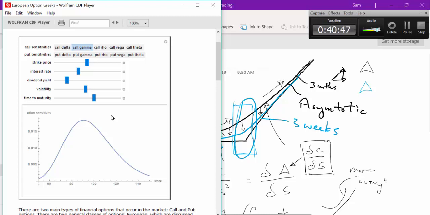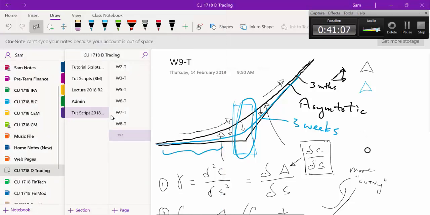This graph is showing how the gamma of an option changes when the underlying price is changing. Is everyone okay with that? Yeah? So this is the gamma. This is showing me how the gamma of an option looks like when the stock price is traveling up and down and up and down. Okay, that's what that is.